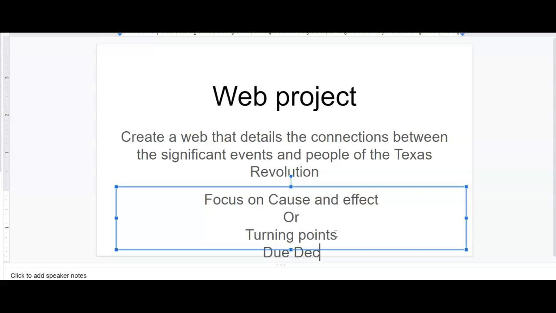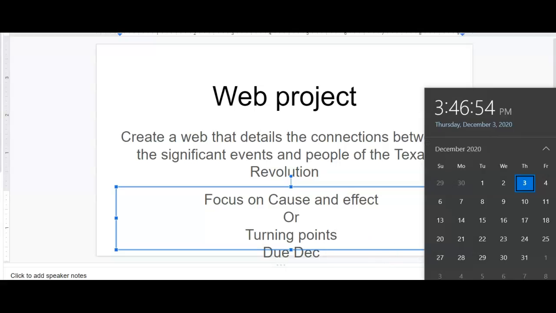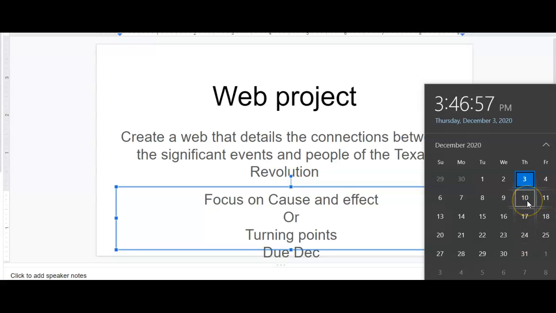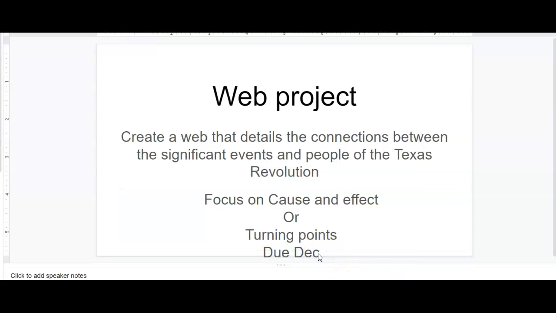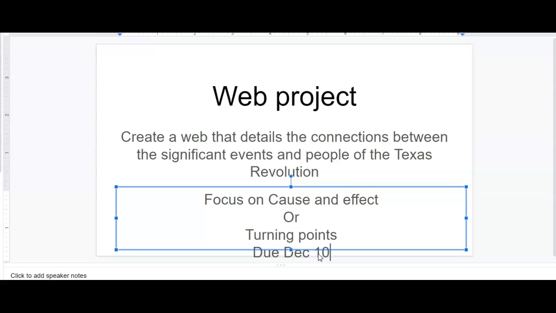Due December, and let me double check my calendar here because it's going to be due the 10th. Okay, due December 10th, and that is going to be for B-Day. A-Day, is it the day before or the day after?